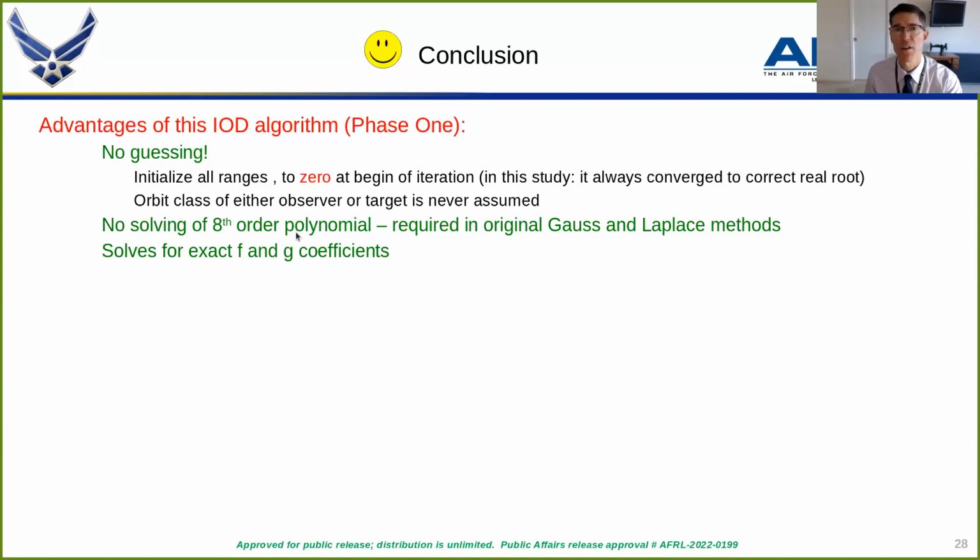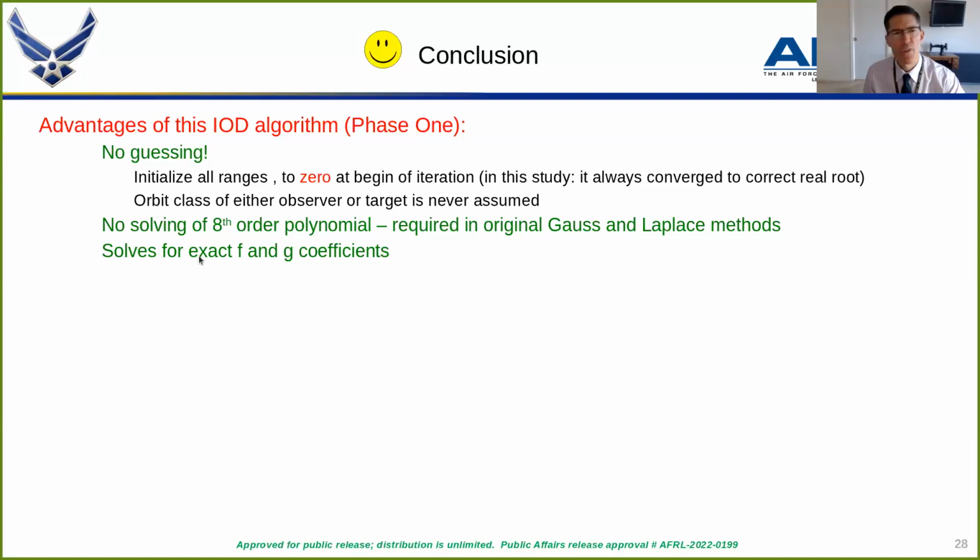I'm implementing that algorithm from Mortari in this batch filter to get the Kalman filter to be initialized and then to converge. If you're doing this from the ground, you have to use the eighth order polynomial. But if you're a space-based observer, then you don't have to use the eighth order polynomial, and you can just use the Mortari-Herget method and guess zero for the scalar range between the observer and the object of navigation.